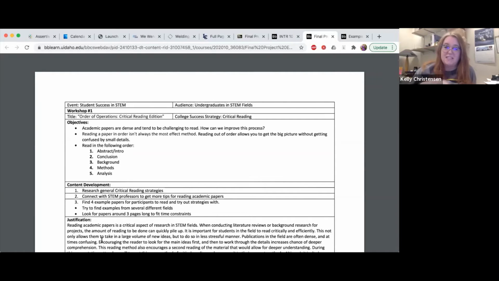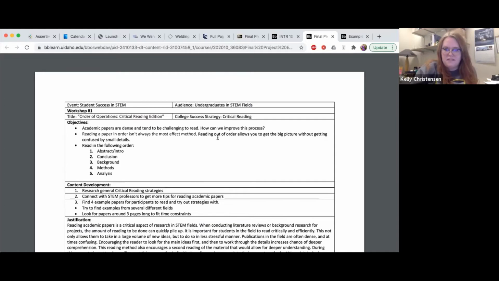What are the steps I'm going to take to build the workshop in order to make it successful? What I saw in a lot of the rough drafts was the process that you would take throughout the workshop, like what the workshop itself would look like, which is awesome content. However, the content development is like before that.